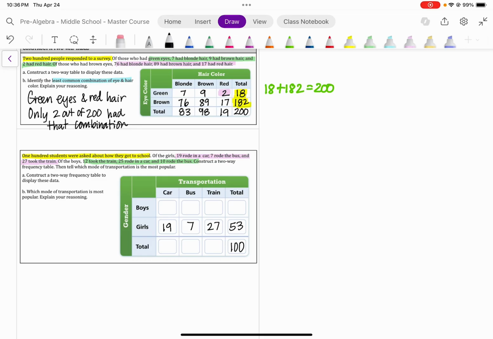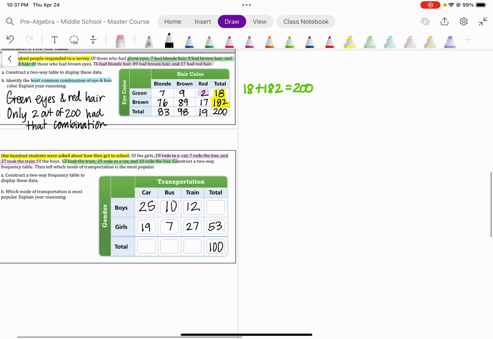So we're going to fill those numbers in. 12 took the train, 25 were in a car, 10 rode the bus. Now, when we add those up, their total should combine with 53 to make 100. So their total should be 47. So 25 plus 10 is 35, plus another 10 is 45. Add 2 more, that's 47.